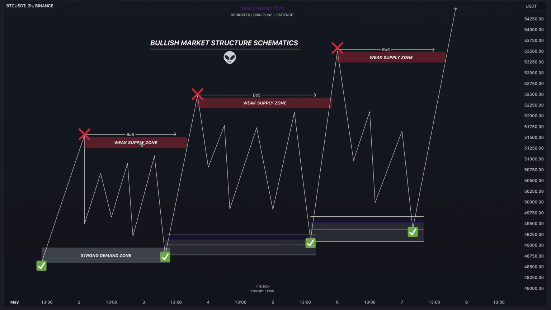You have to mark your order blocks in line with market structure, right? You have to make sure that you're entering from the structure lows, because these structure lows are considered to be at a discounted price level, an area where buyers will find it more attractive to buy than sellers, right?